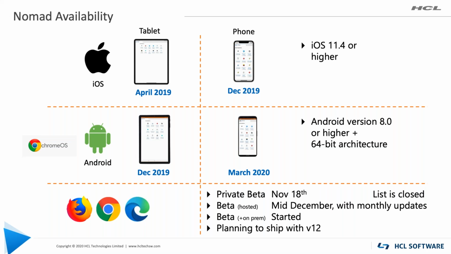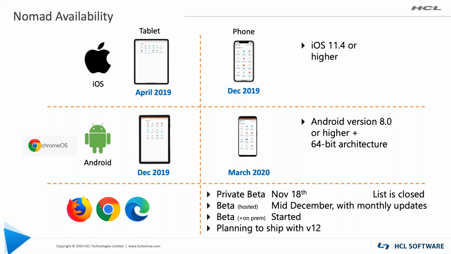You probably have been listening to some of our webcasts in the past. We are already talking about HCL Nomad Web, a new journey, a new step into the future by running Nomad just in the context of a web browser. And just as a small note here, we went into a private beta for Nomad Web last year, 2020, in November, and are running a hosted beta since mid-December.